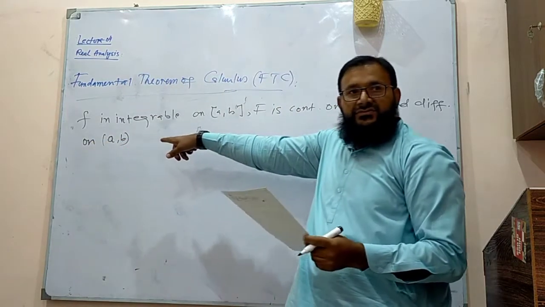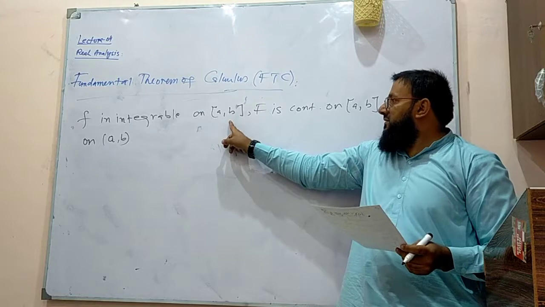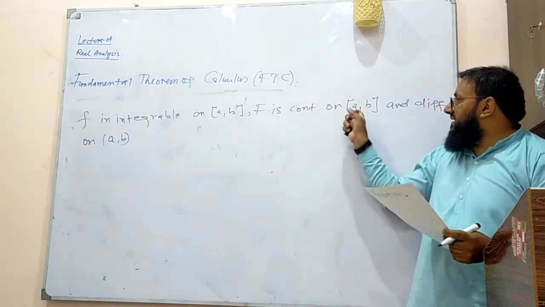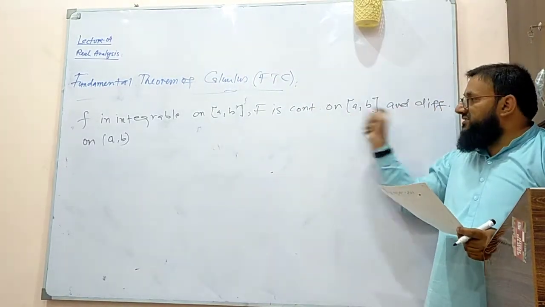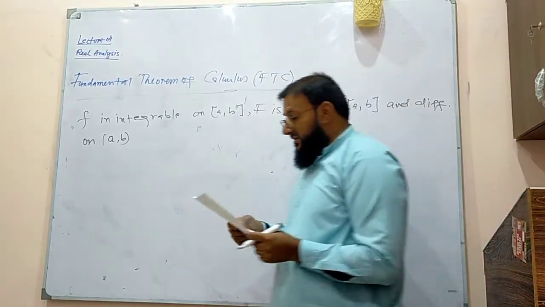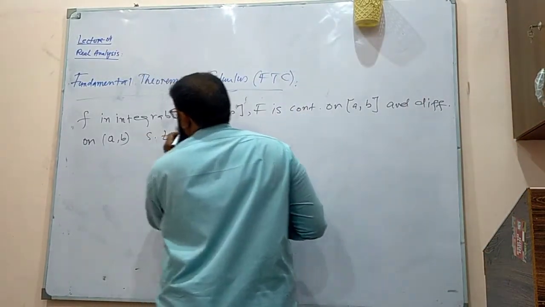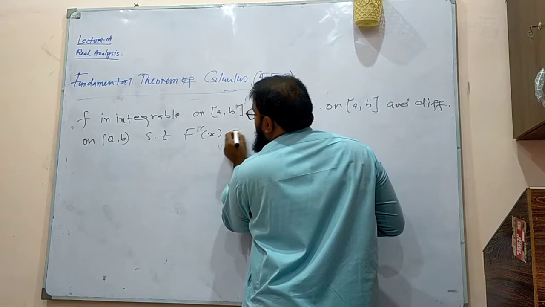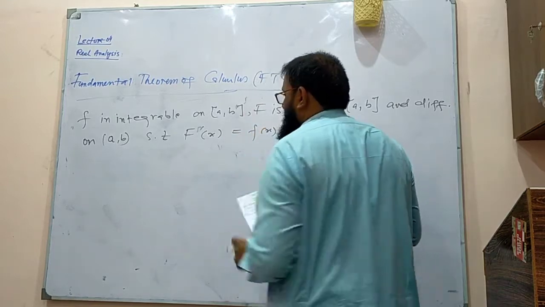I have small f, that is integrable. I have capital F, that is continuous on the closed interval and differentiable on the open interval, such that when you differentiate the capital F, you get small f.